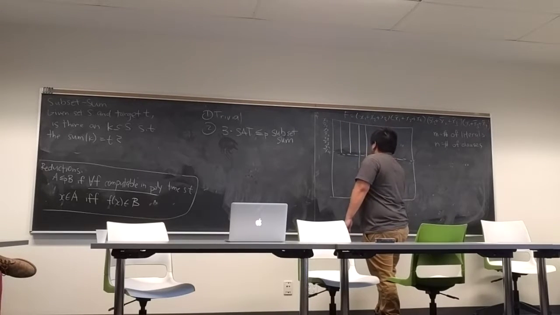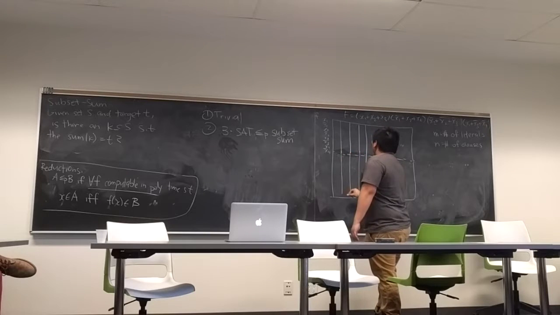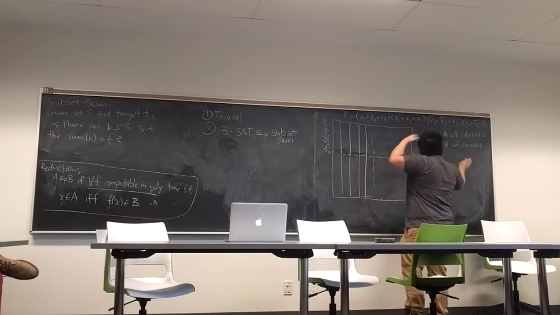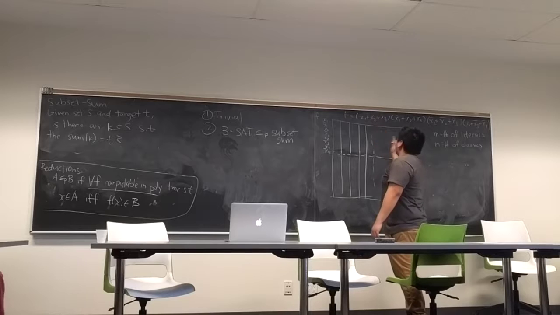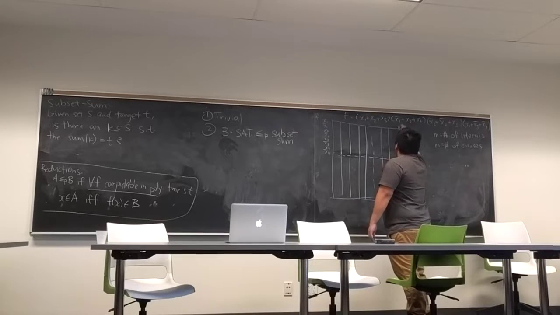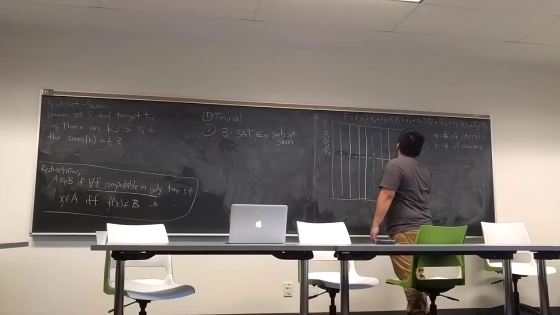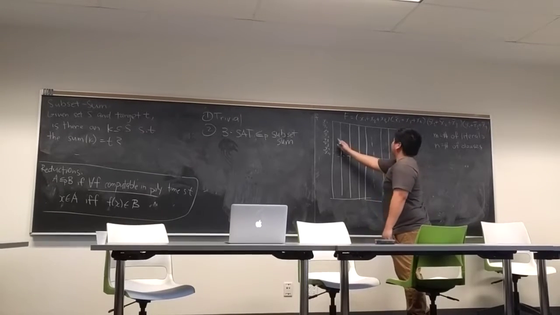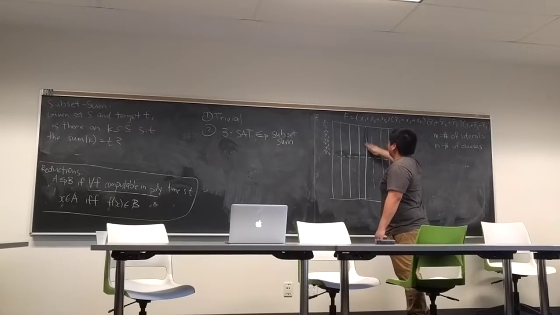Then on this side we make n columns for the number of clauses. So there are 4 clauses. There's 5 literals. I think you have 5 columns on the left. 1, 2, 3. Okay, thanks.